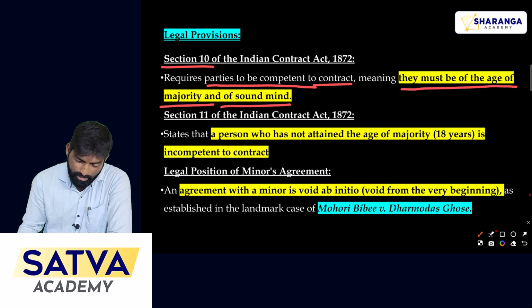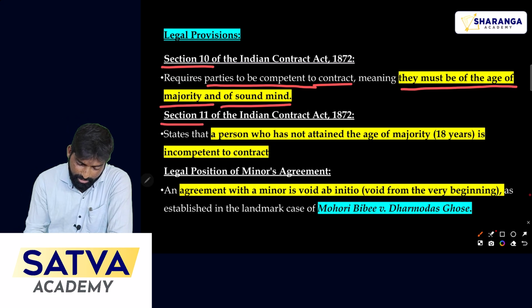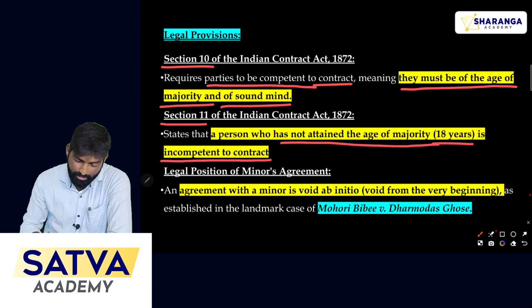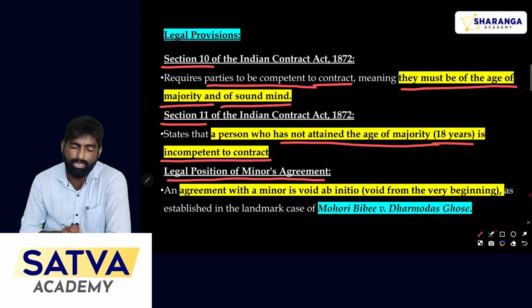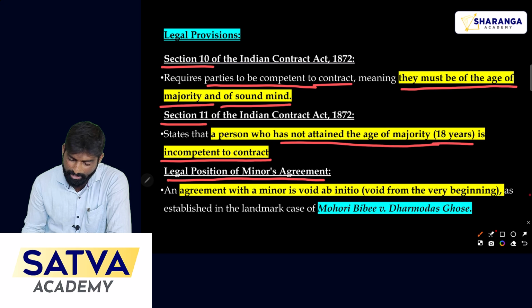Okay. Next, another section is Section 11. It states that a person who has not attained the age of majority, that is 18 years, is incompetent to contract. Then another provision, legal position of a minor's agreement. Now as I said, when you make a contract with a minor, that contract becomes void ab initio, or void from the very beginning itself.